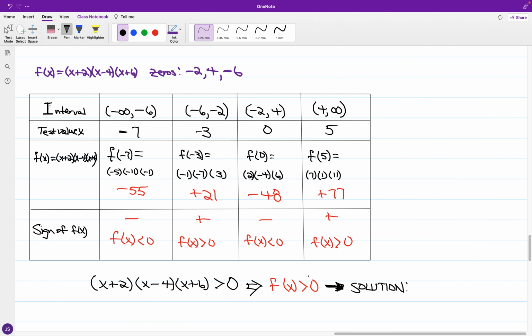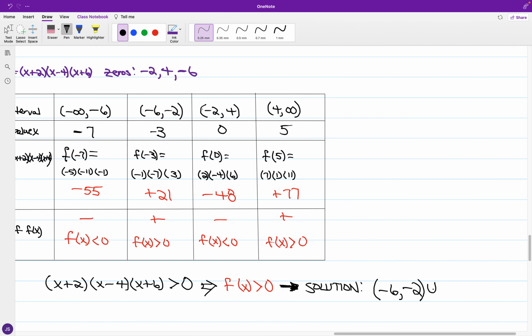Where f of x is greater than 0, this will be the second and the last interval sections. The first will be those values of x such that negative 6 is less than x is less than negative 2. The other part will be where we have all values of x greater than 4.